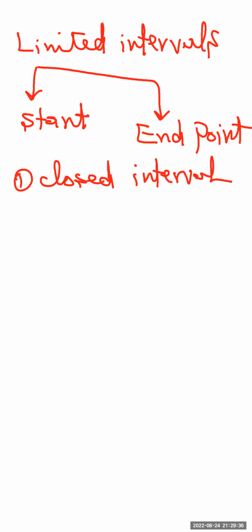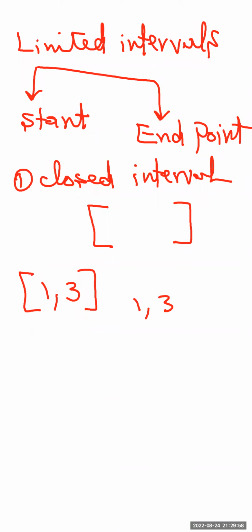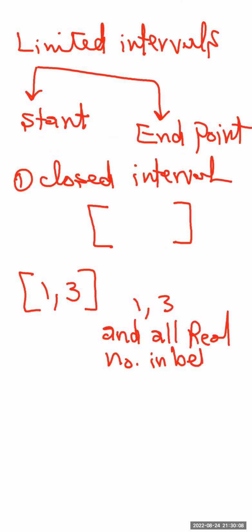So for a closed interval, we write the 2 numbers inside these 2 closed parentheses or brackets like this. If there's an interval like this, 1 and 3, this means the interval includes 1 and 3 and all real numbers in between. How to represent it on the number line?